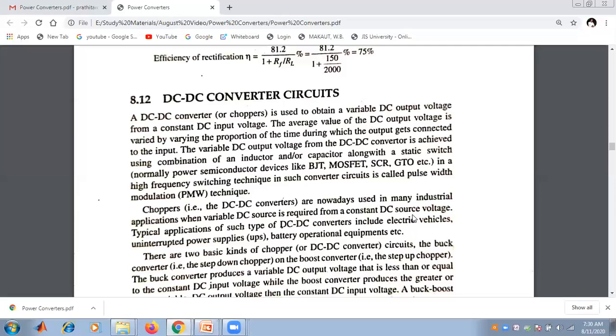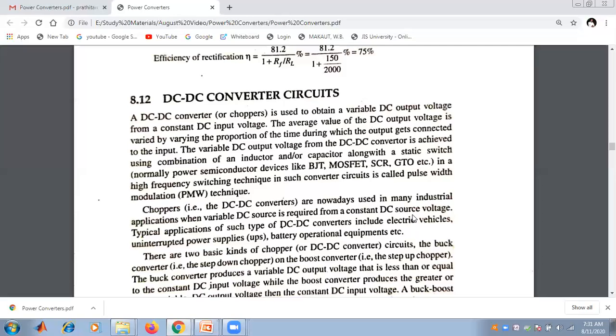So, DC to DC converter circuit. A DC to DC converter or the chopper is used to obtain a variable DC output voltage from a constant DC input voltage.